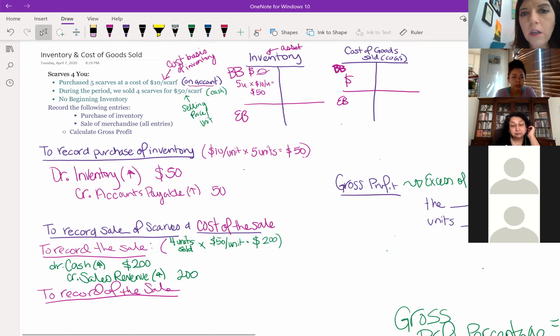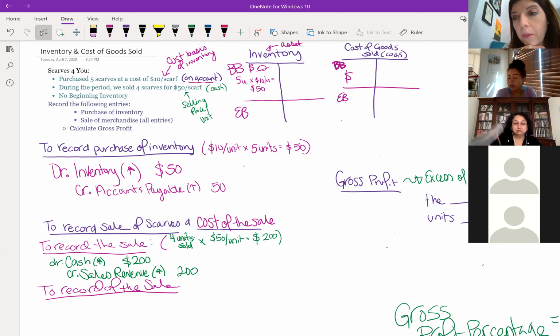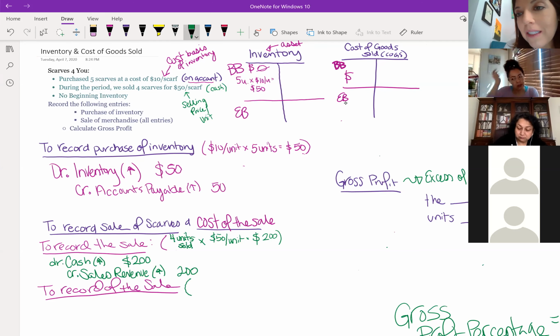At the same time, we also need to record the cost of the sale, the expense related to that sale. Right? If I didn't have those scarves to sell, I wouldn't have made that revenue. So how many units should I be expensing? 4 units.